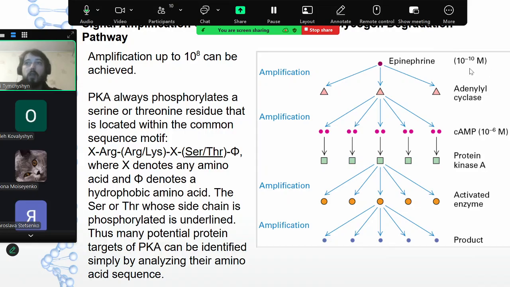But we get to the adenylyl cyclase, we can activate a few of them, they generate even more cAMP that can get to 10 to the minus 6 moles per liter. Please note, just in 2 steps we were able to get from 10 to the minus 10 to 10 to the minus 6. That's 10,000 times more. That's a really large number, and we can have even more and more amplification.